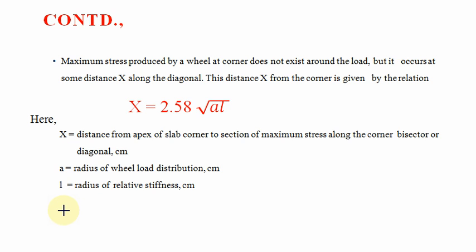This distance x from the corner is given by the relation x equals 2.58 multiplied by the square root of A into L, where x is the distance from the apex of the slab corner to the section of maximum stress along the corner bisector or diagonal in centimeter, A is the radius of the wheel load distribution in centimeters, and L is the radius of relative stiffness in centimeters.